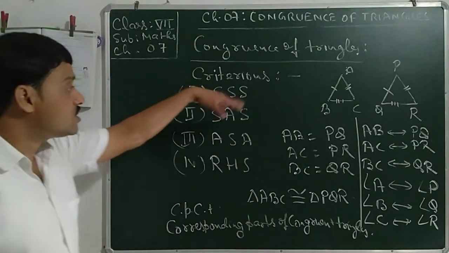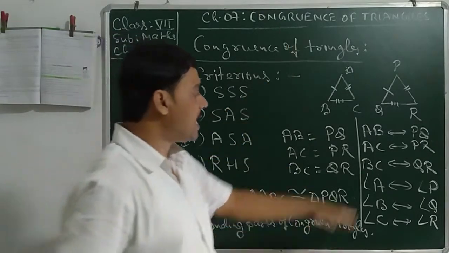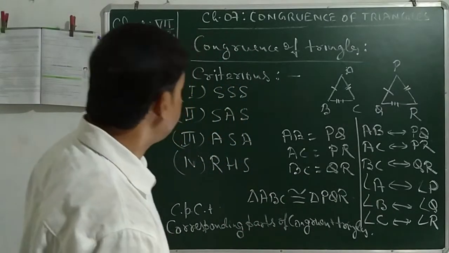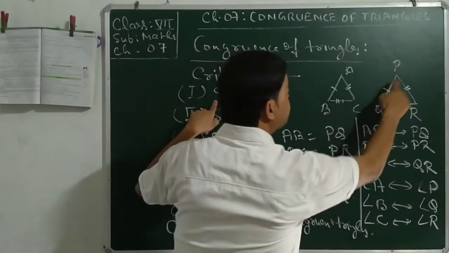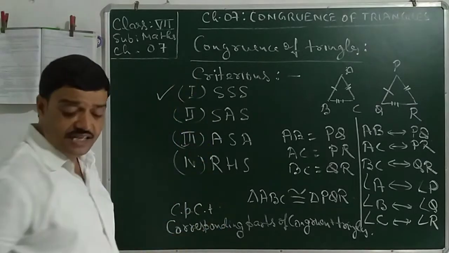Once you realize two triangles are congruent, then you can say that all these parts are matching. Now, this was the first condition, SSS, side, side and side. All these sides were matching. So I explained you the SSS.